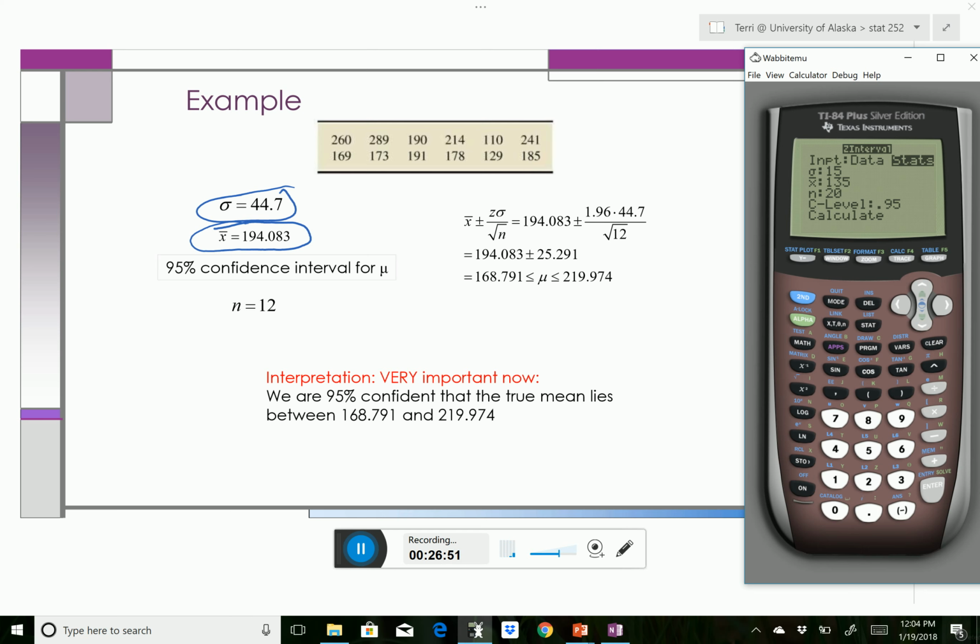It says the sigma is 44.7, X bar is 194.083, n is 12, and I want a 95% confidence interval. And look what we got.